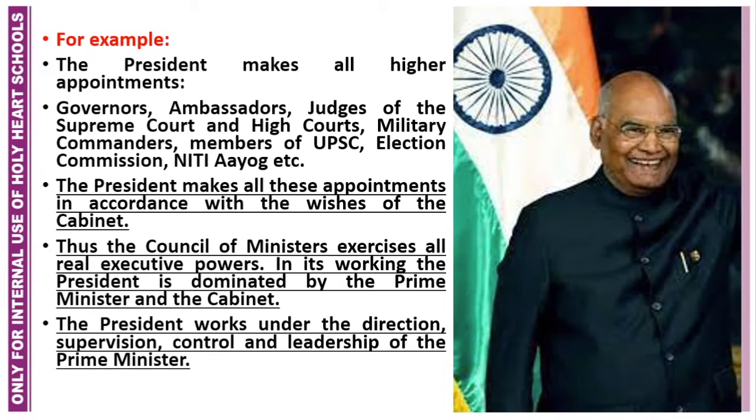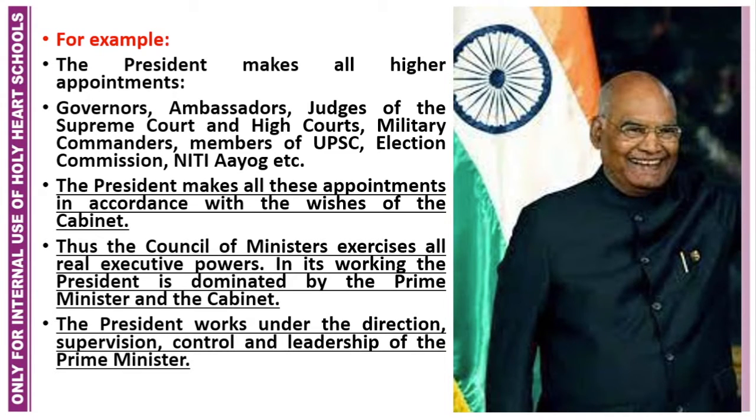Now, the next example is that the president makes all higher appointments. So, which are the appointments? Like governors of the states, ambassadors, judges of the Supreme Court and High Courts, military commanders, members of the Union Public Service Commission, Election Commission, Niti Aayog, etc. So, these all appointments are made by the President of India.